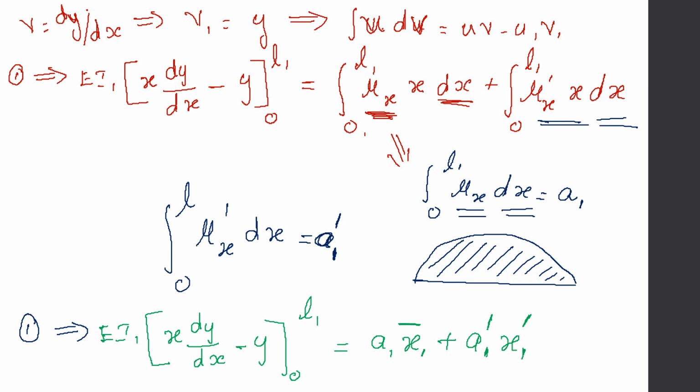This x1 bar is the distance of center of gravity of mu diagram in the span AB, and x1 dash is the distance of center of gravity of mu dash diagram in the span AB. So we will write that.